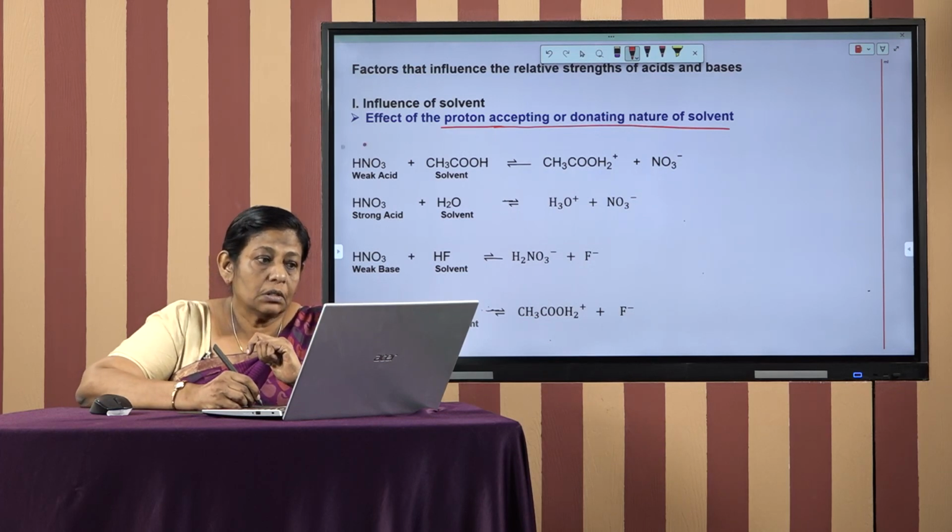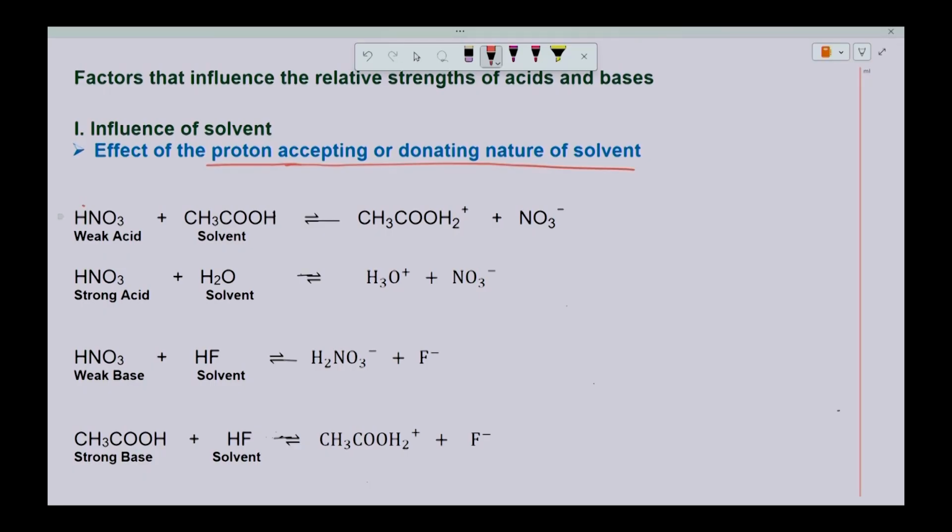So, by force nitric acid gives a proton to acetic acid. So, acetic acid gets protonated, with NO3 minus, that is, a nitrate ion formed as a byproduct.